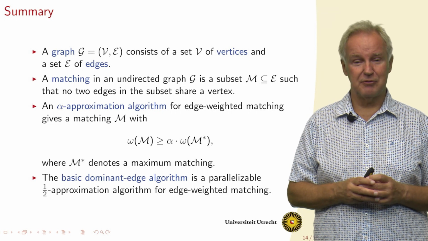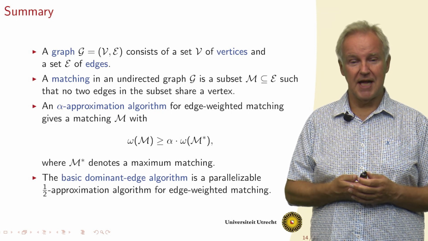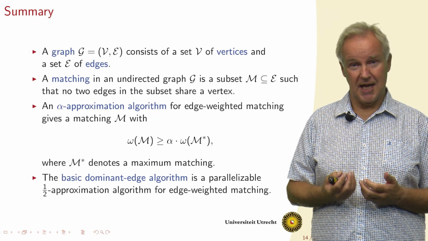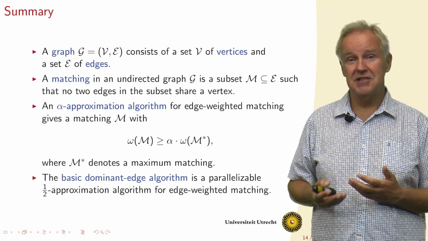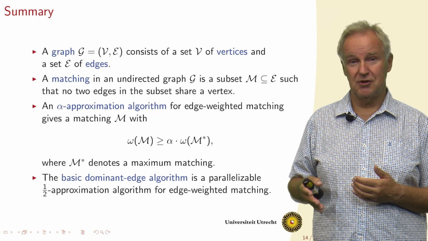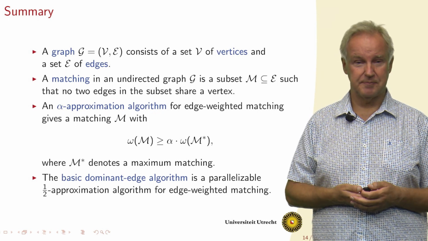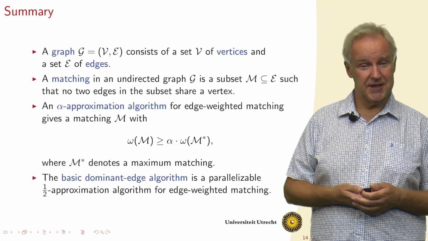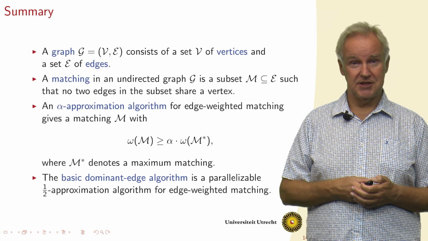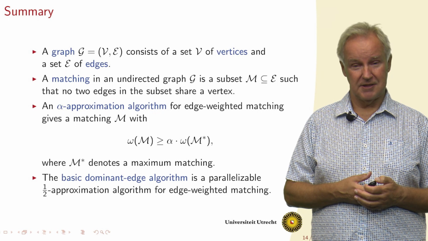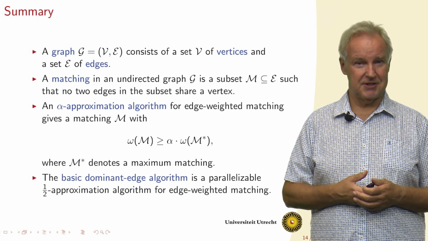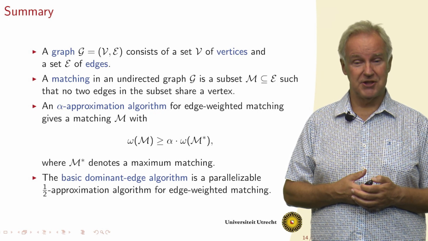We've seen that an alpha approximation algorithm is an algorithm that guarantees at least alpha times the optimal in terms of the weight, if we want a maximum weight. We've seen a basic dominant edge algorithm, and we've shown that this is an alpha approximation algorithm.